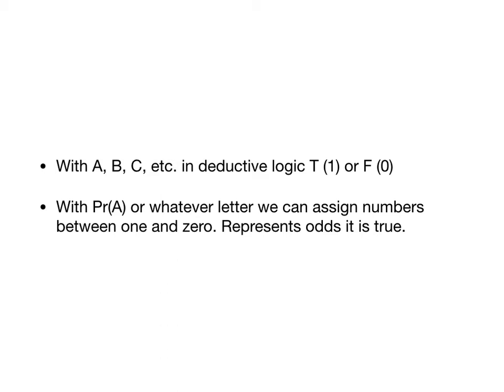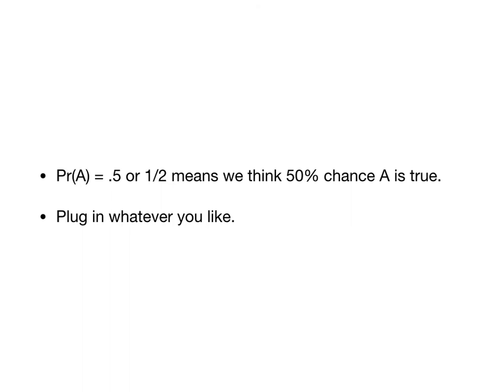With probability of A, you can assign numbers between 1 and 0, representing the percentage chance or the fraction, the odds that it's true, right? So probability that A of 0.5, or 1/2, means that we think there's a 50% chance that A is true. Plug in whatever you like between 1 and 0, right?